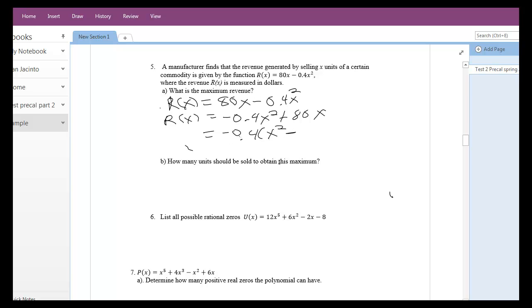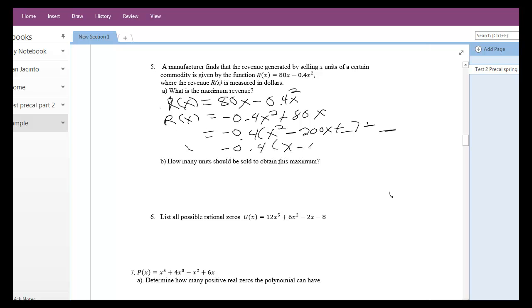Anytime you factor something out, you must divide that piece by that 0.4, which gives us negative 200x. Go ahead and put the plus a blank spot because I'm anticipating my complete the square. I know that's a plus a blank spot, so I must take it away. I know this becomes minus 0.4 times the blank.